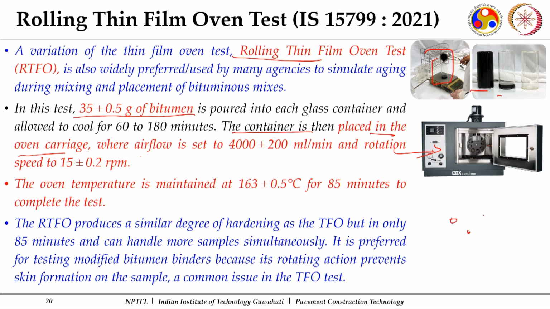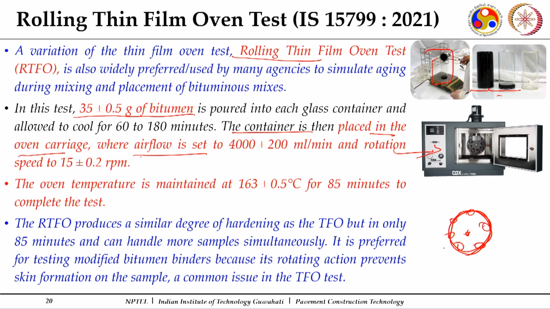So, you will place these cylindrical bottles in this particular manner, and they will rotate along this axis. Now, when it rotates in this manner, the chances of any film formation which was there in the thin film oven test get reduced, and along with it there is an air flow which is projected into the bottles.